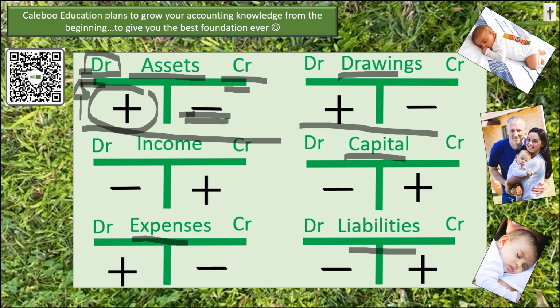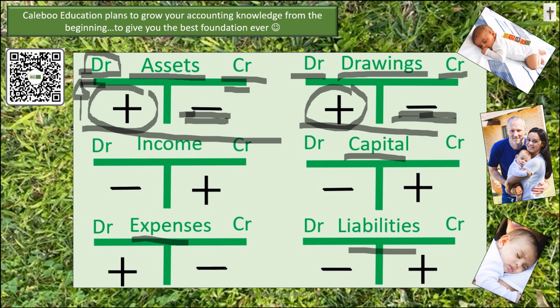Let's have a look at drawings. If the owner takes out cash or stock for his or her personal use, drawings will increase and the account will be debited. If there's a decrease in drawings, say for example a correction of error, more about that later, but if there is a decrease in drawings, the account will be credited.